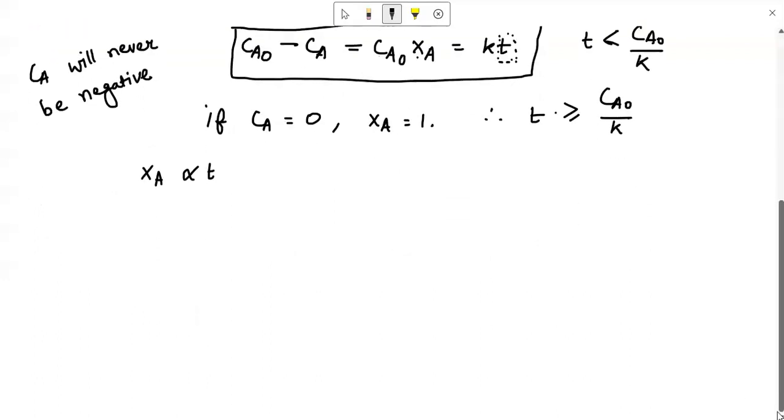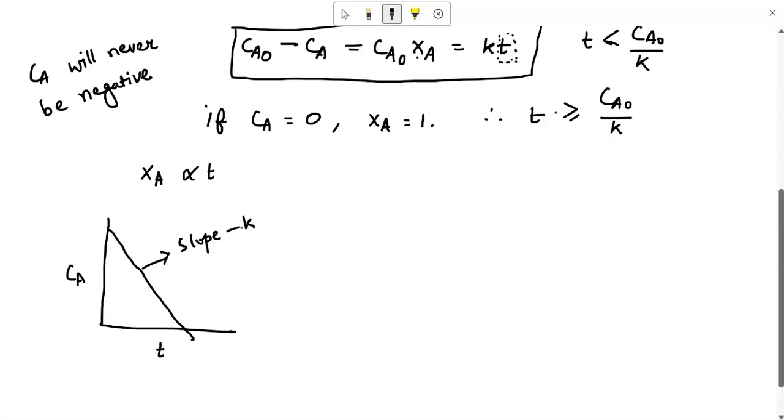If we make a plot now of t on the x axis and CA on the y axis, and if you get the slope, then the value of slope is minus k, and the x intercept when your CA becomes 0 is given as CA0 by k.